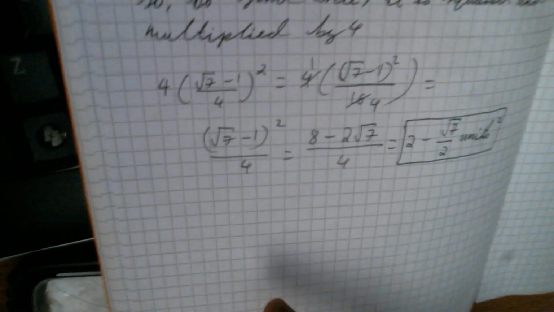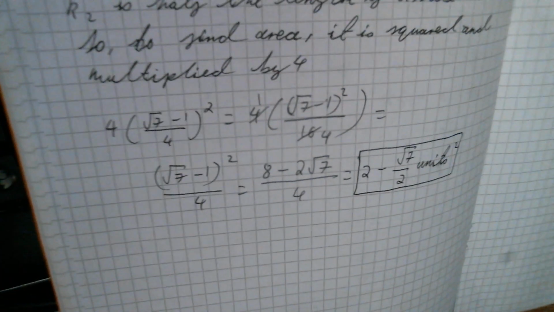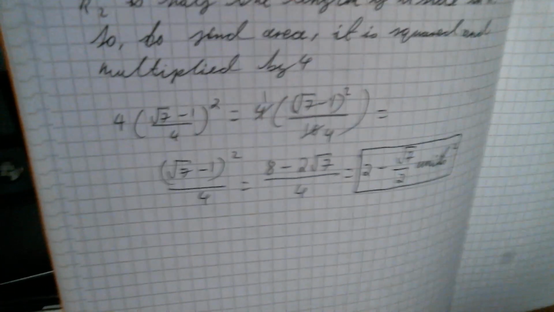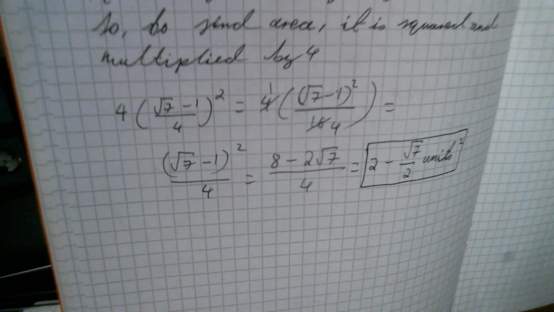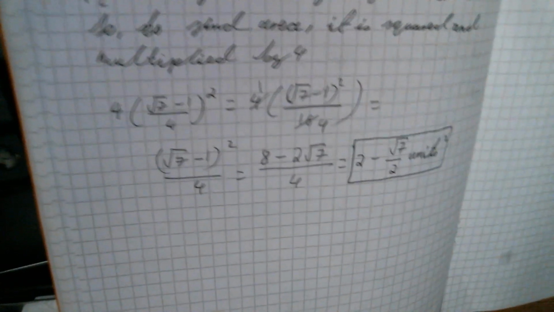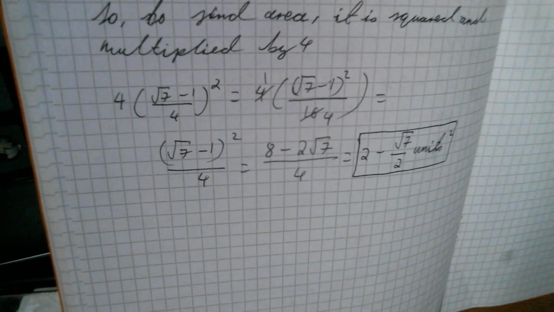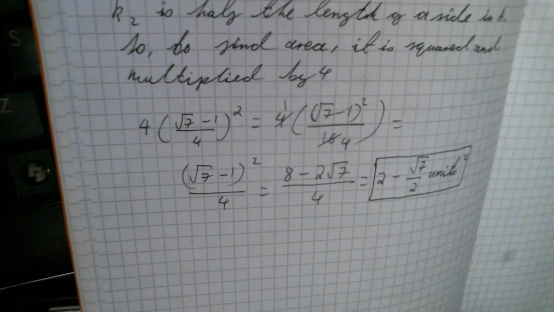So 1/4 is multiplied by root 7 minus 1 squared. Root 7 minus 1 squared, if you know how to expand, is root 7 squared minus 2 root 7 plus 1. Root 7 squared is 7, plus 1 is 8, minus 2 root 7 is, as you can already see, 8 minus 2 root 7, and that is divided by 4.